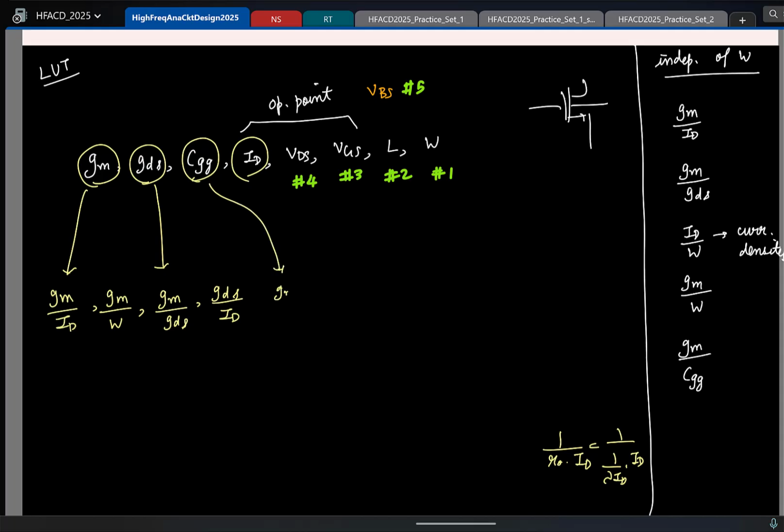The transit frequency, GM by CGG, and instead of ID, the current density, ID by W. So now we know these parameters only depend on 4 metrics. I just have to sweep the bulk to source voltage, VDS, VGS and length, that's it.